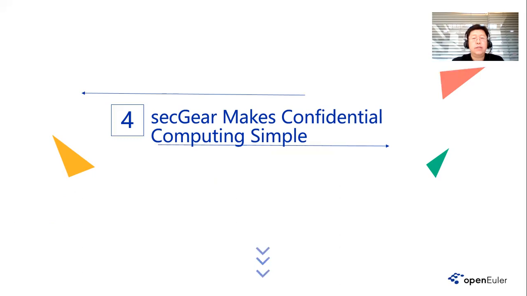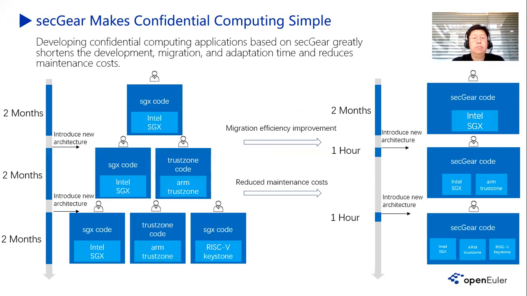Okay, why does SecGear make confidential computing simple? I think from the above introduction, you should already have an idea. SecGear supports multiple architectures and multiple hardware solutions and supplies a unified programming interface to the user.